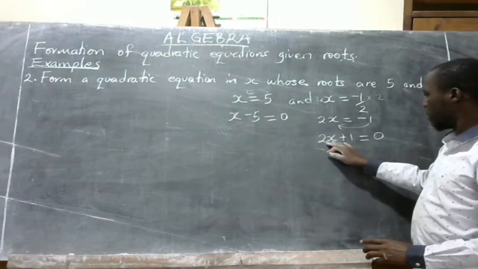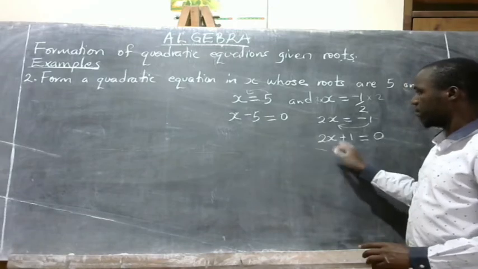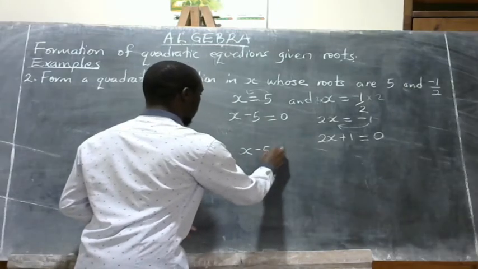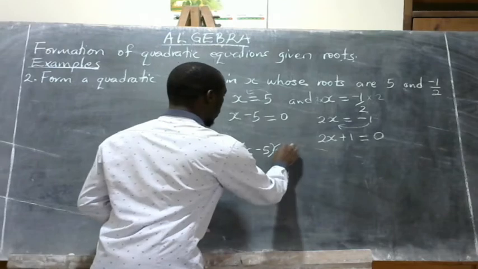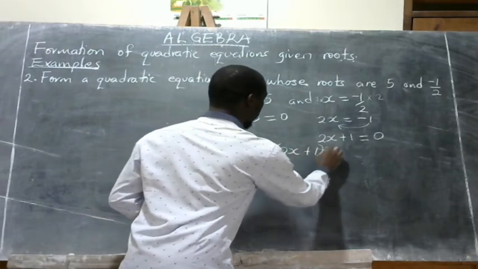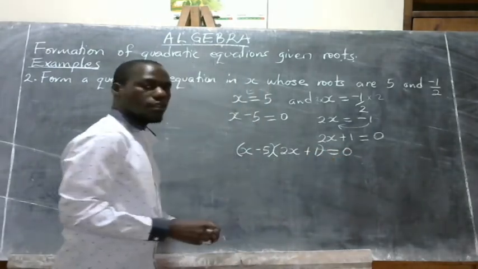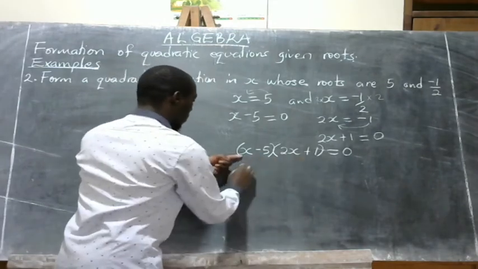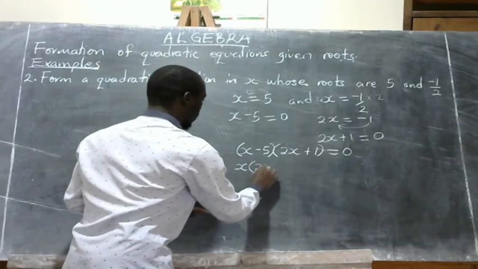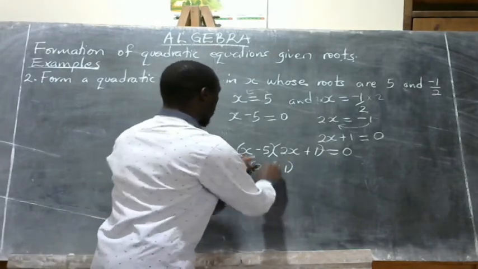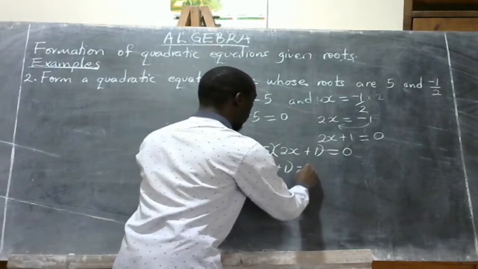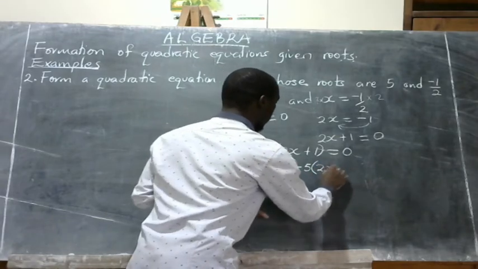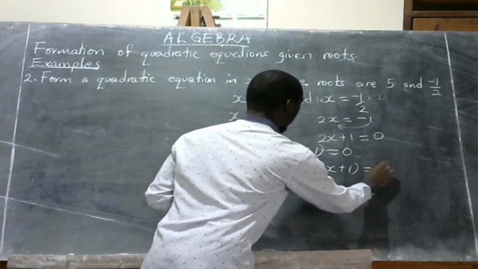Now I'm going to create brackets and I multiply those ones. So this is going to be x minus 5 into 2x plus 1 is equal to 0. Then I expand. This x is going to multiply the whole of that bracket. Then negative 5 into that bracket, 2x plus 1, is equal to 0.